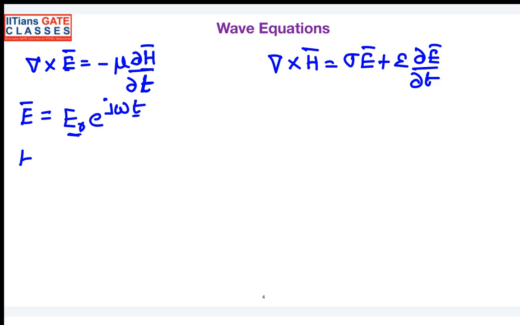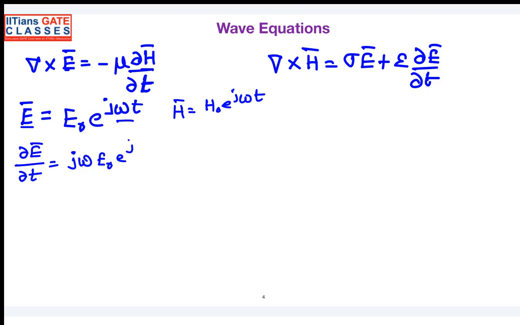Similarly, magnetic field intensity also I take as H naught into e power j omega t. In your signals and systems, you would have seen that when any signal is varying exponentially and you take dou e by dou t, what you get is j omega E naught e power j omega t, which means that dou e by dou t can be written as j omega times E naught e power j omega t, which is the same as the electric field intensity.